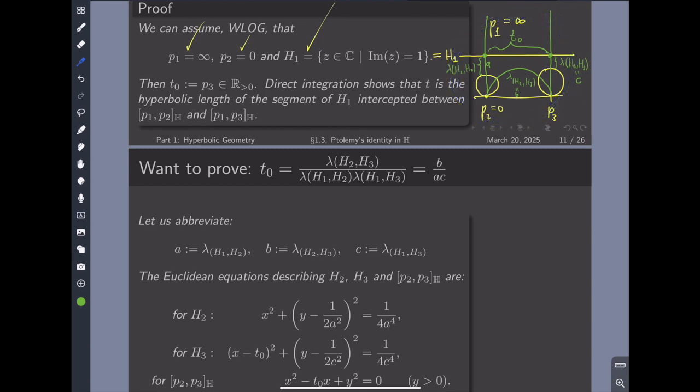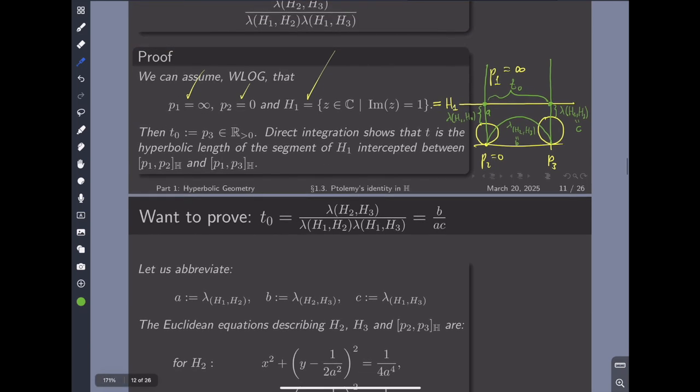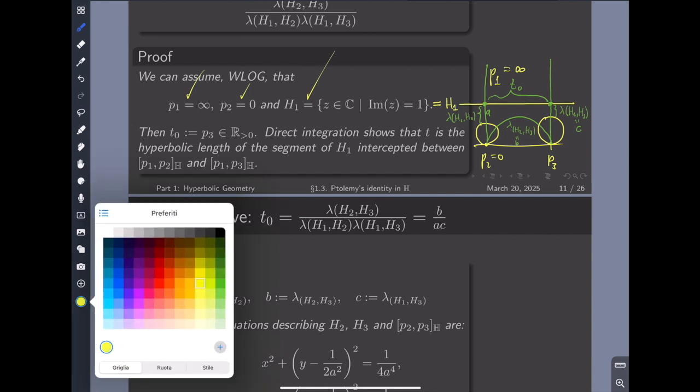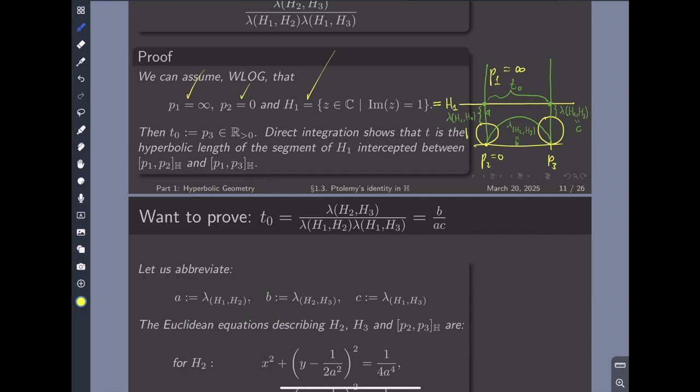That's the idea, to measure these things. So for instance, if I want to find this, this is H2, and this is H3.